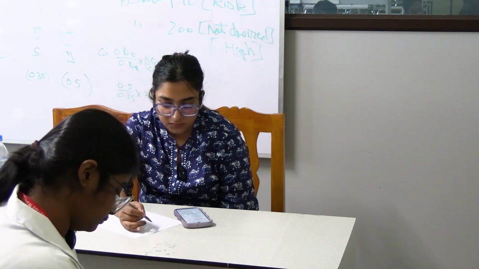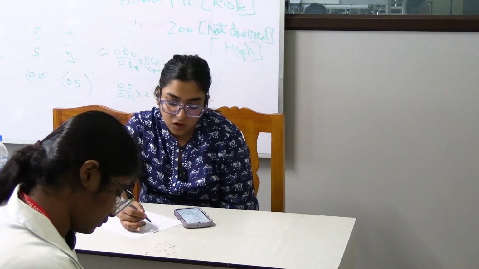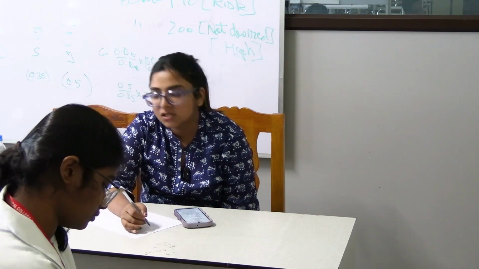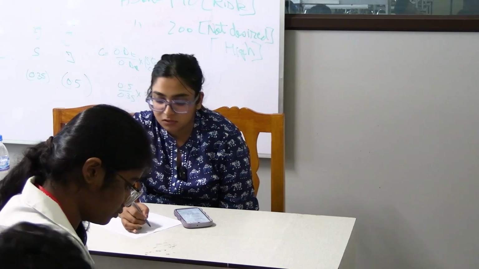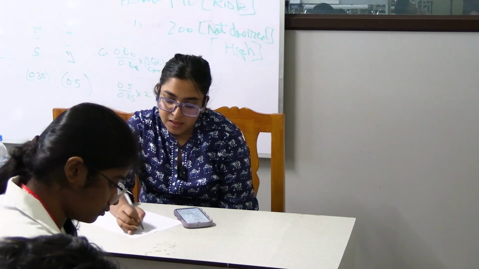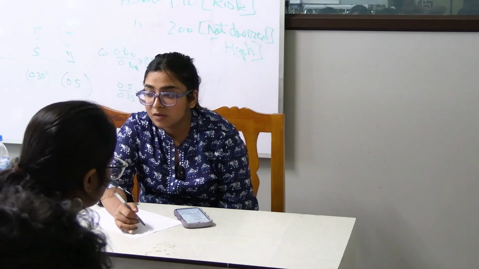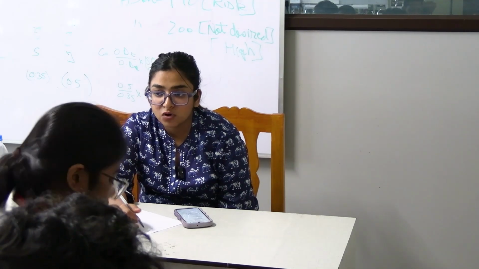What is her ABG? pH is 7.51, PCO2 is 47, and bicarb is 34. pH is 7.51 means what? Alkalosis. PCO2 is 47 means what? Is it normal, increased or decreased?